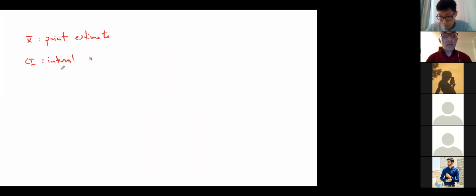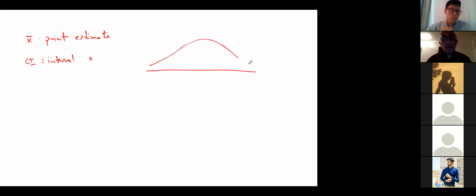Because we are not 100% sure what we calculated, we should, whenever possible, give the confidence interval. And usually, we choose to give the 95% confidence interval. What was the formula for the 95% confidence interval?